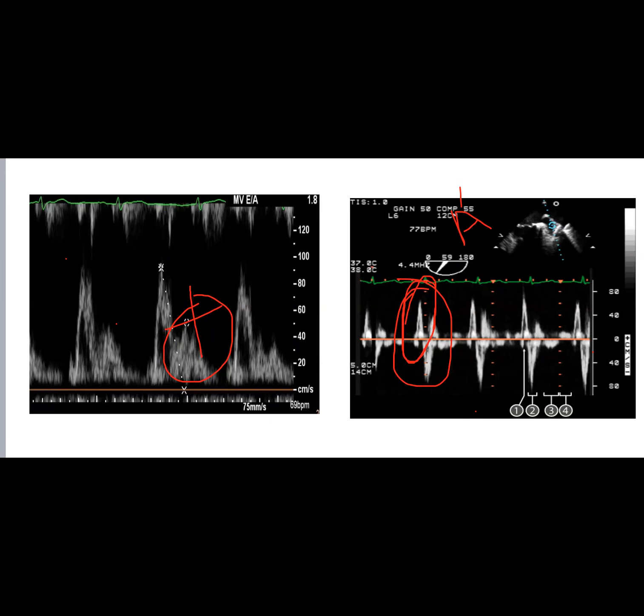Exactly. That's why in AF, thrombi form in the LA appendage and not in the LA cavity. Losing atrial contraction and the sequence of that. Good. Normal is more than 70; more than 50 is considered okay.